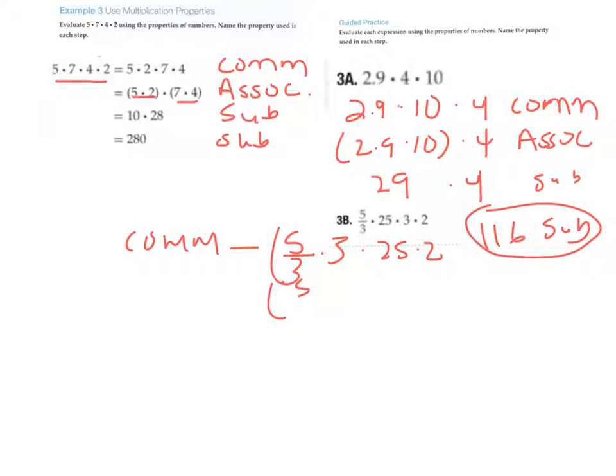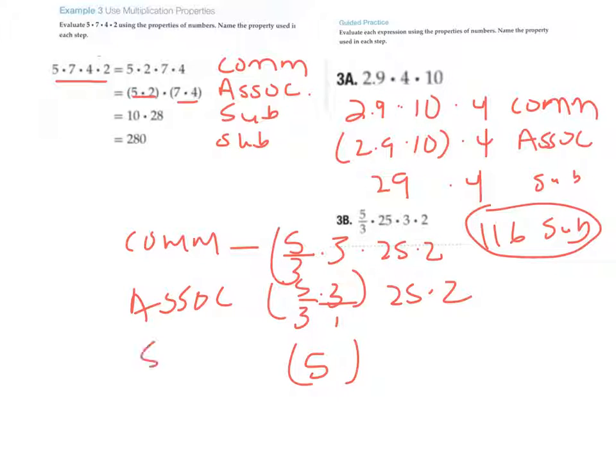The reason why I'm grouping them is because they are not inverses, but they have the same denominator and numerator, which will cancel them out. So that's the associative, because I'm going to group the two that work. And then when I cancel out the 3's, I get 5. That's the substitution property. And 25 times 2 gives me 50, so it's also the substitution property. And 50 times 5 is 250.